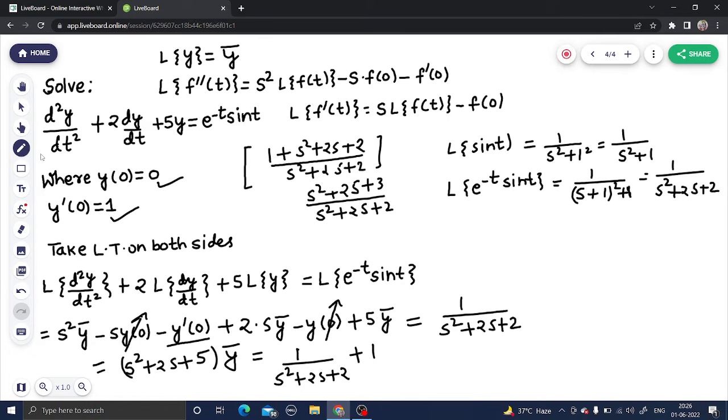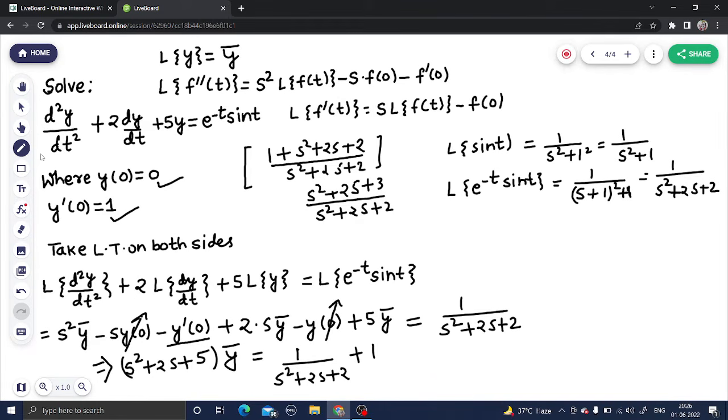So I can erase this, or let's move to the next page because it will be required. So we have s square plus 2s plus 5 y bar, this y dash 0 is 1.